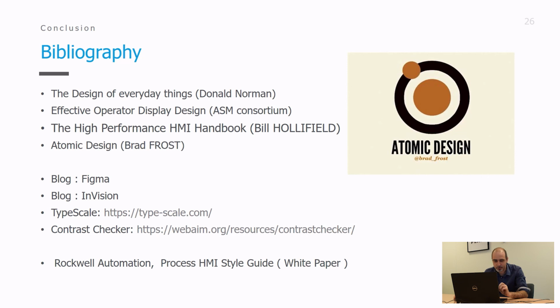The third online tool I'd like to present to you is Typescale. Typescale is a way to fit the fonts on the screen according to priority, like headers on a website. It's mainly designed for this, but you can also use this tool to size your fonts to fit your HMIs.